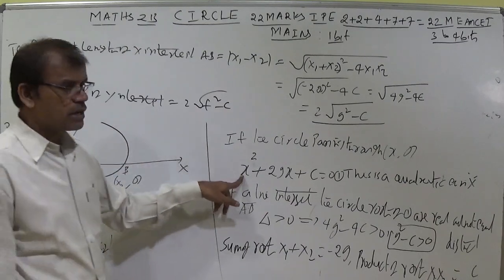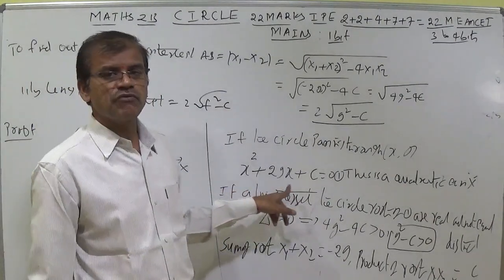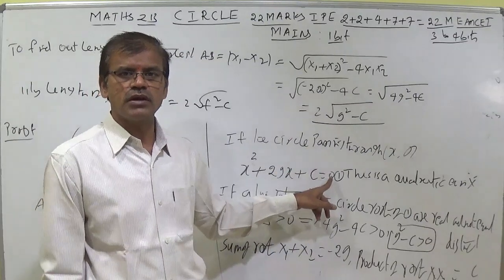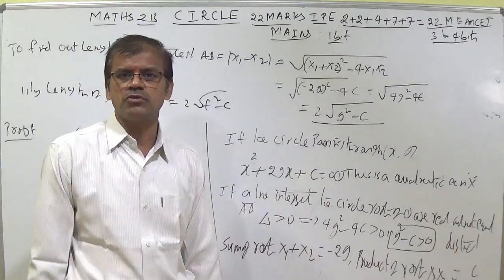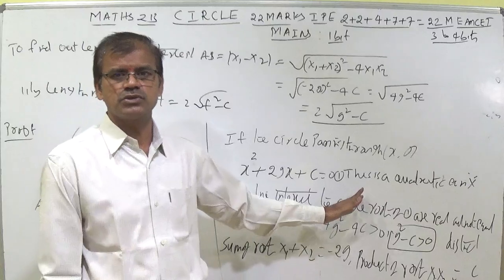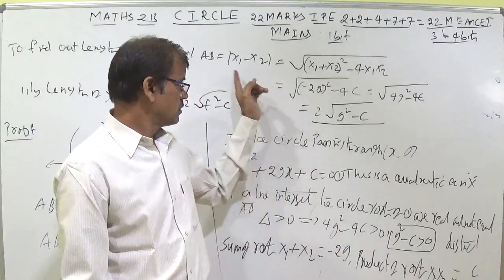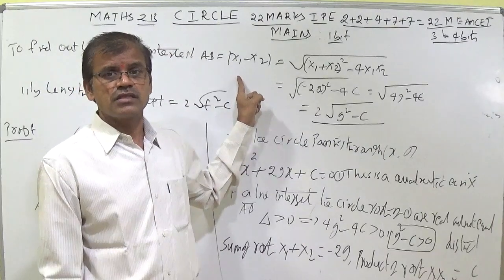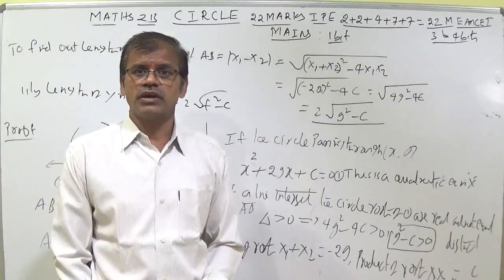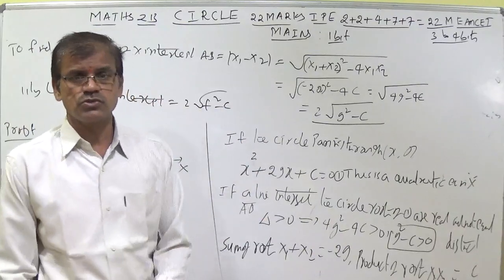It becomes the quadratic equation y square plus 2fy plus c in y, with y1 plus y2 as sum of roots and y1 into y2 as product of roots. Later you can calculate the length of y-intercept as modulus of y1 minus y2. You will get the answer 2 root f square minus c.